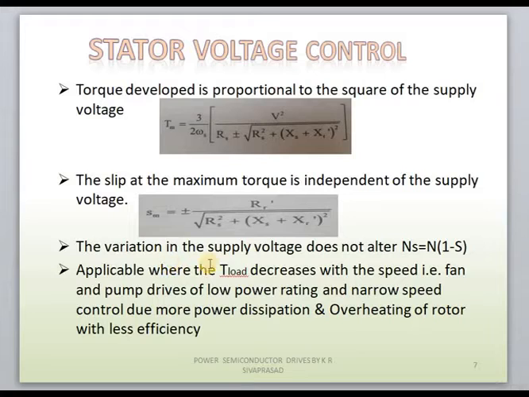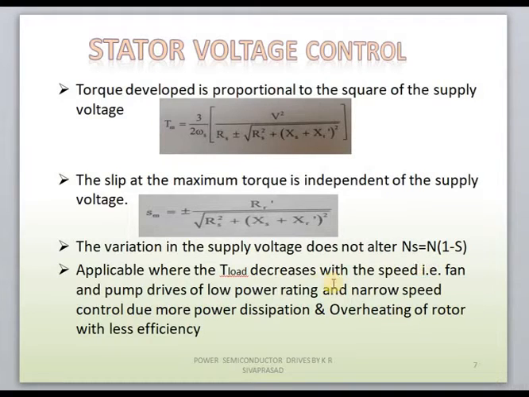And the third one, the variation in the supply voltage does not alter Ns, because Ns is equal to N into 1 minus s. Directly it will not vary the synchronous speed, because there is no voltage term in the formula. But indirectly we can vary. That means by varying the torque, we can change the speed also. Later on we will discuss in detail how the speed varies.